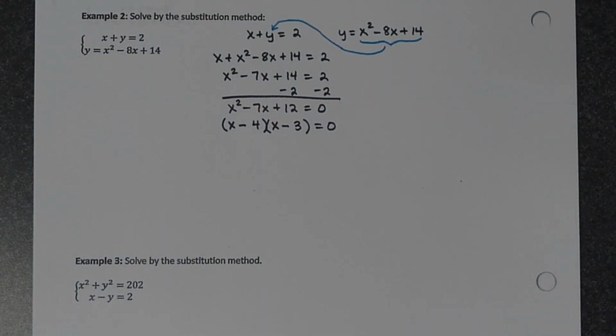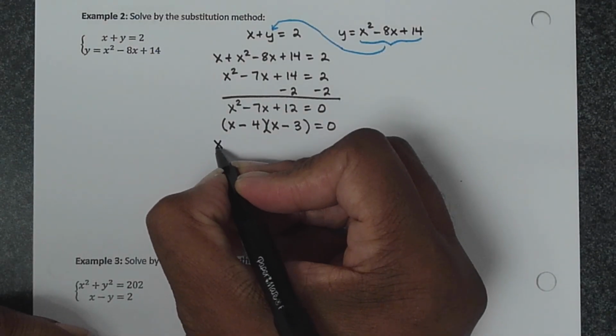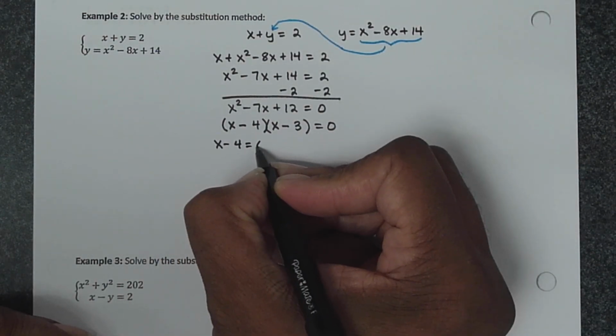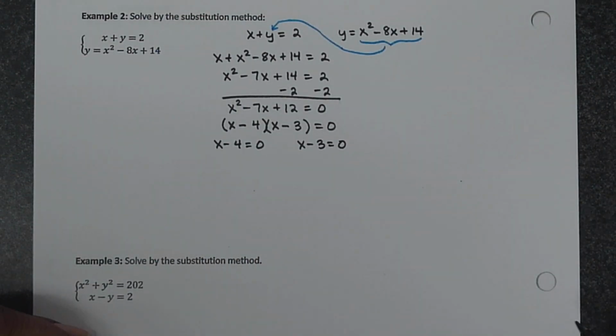Minus 4x and a minus 3x will give me the minus 7x. So x minus 4 times x minus 3 will be equal to 0. And then I'll set each binomial factor equal to 0. So this means that x minus 4 is equal to 0. x minus 3 will be equal to 0.